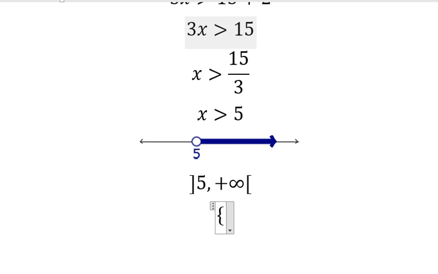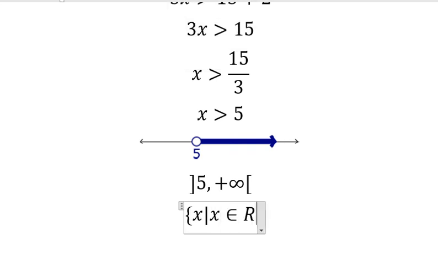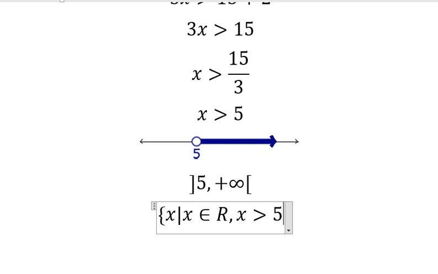I'm gonna open the braces, and I'm gonna put X such that X belongs to R, and I'm gonna put a comma, and then I'm gonna put X greater than 5, and once I have that, I'm gonna close the curly braces.